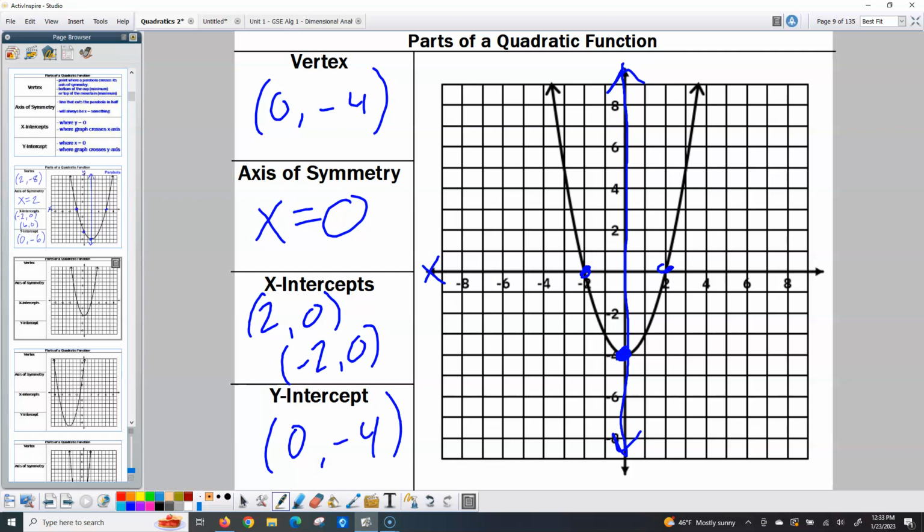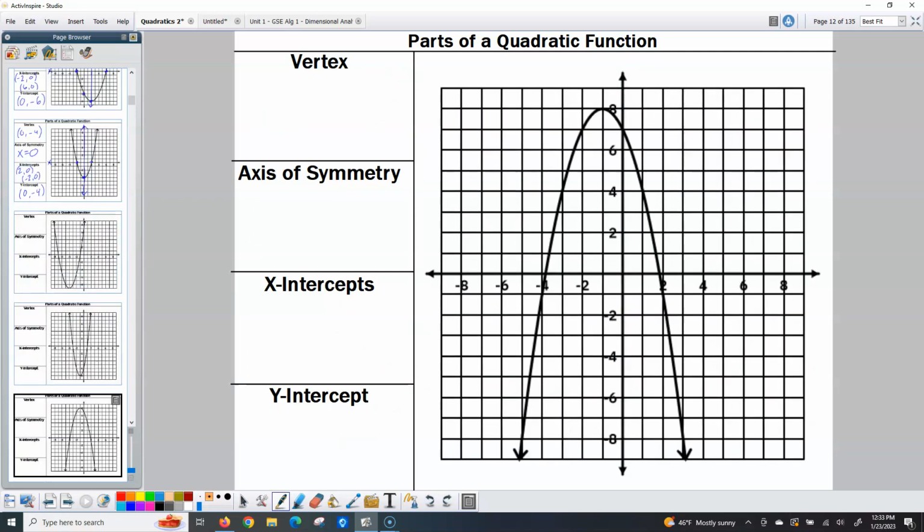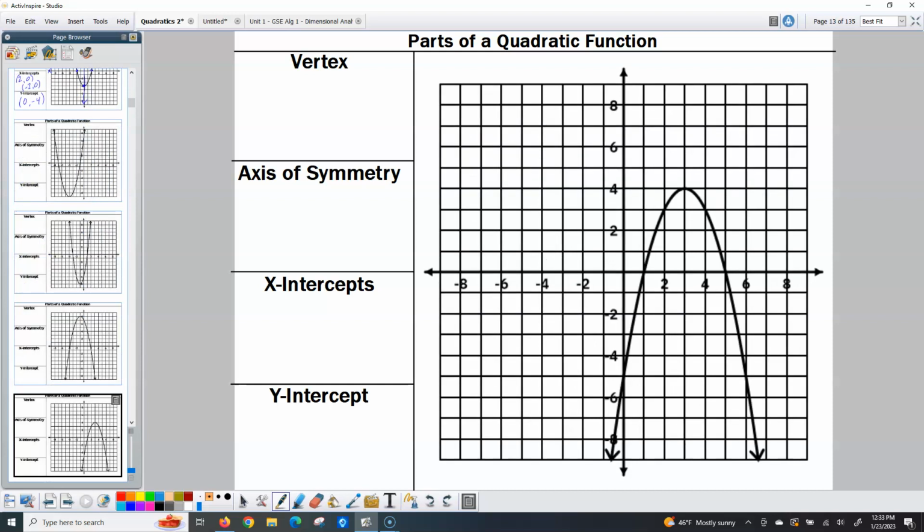Let's look at one that is upside down. Let's look at this. I've got a vertex that is right here, so that's at (3, 4), and an axis of symmetry that goes right down the middle of that thing.